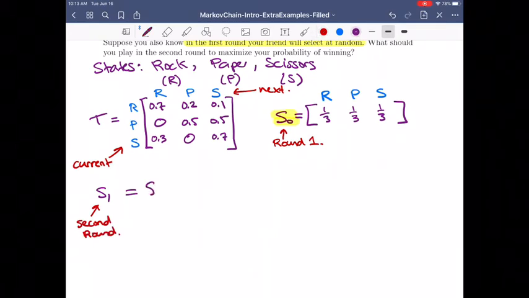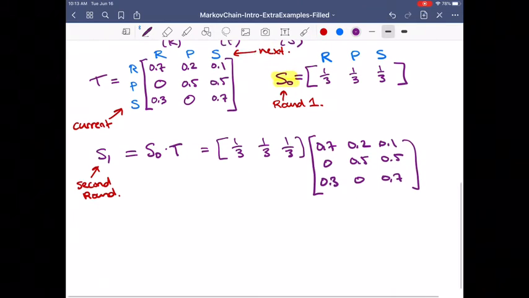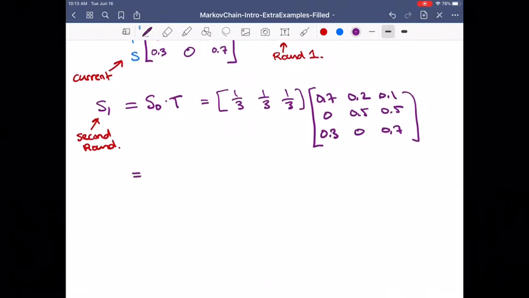So we're going to take S0 and multiply by our transition matrix, which I called T to avoid the P for the paper. So that's going to be 1/3, 1/3, 1/3 times our matrix. I'm going to get a 1 by 3 matrix. For the first entry, it's 1/3 times 0.7 plus 1/3 times 0 plus 1/3 times 0.3.